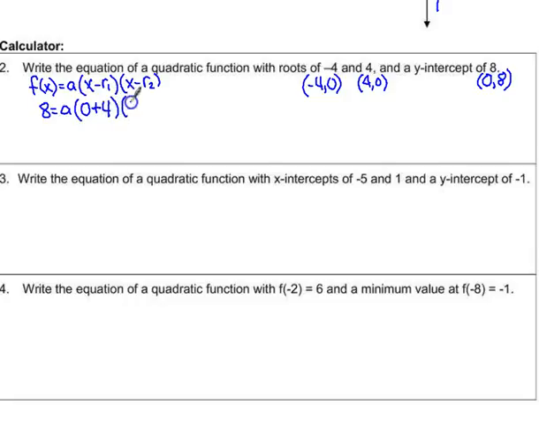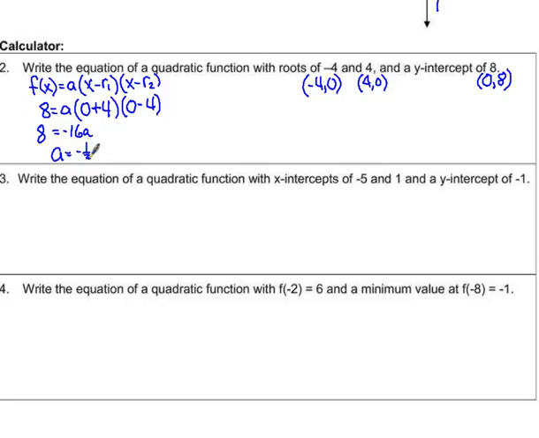And then 0 minus root 2, which gives us 0 minus 4. We do the basic math: 4 times negative 4 is negative 16, so we have negative 16a is equal to 8. Divide and simplify, and we get a is equal to negative 1/2.